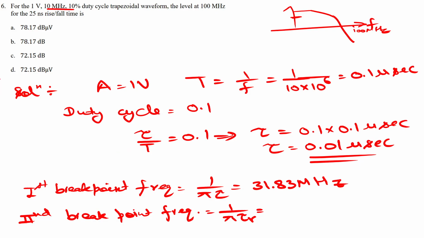Since the rise time is given as 25 nanoseconds, it will be 1 by pi into 25 into 10 to the power minus 9, and when we solve this we will get 12.732 megahertz.